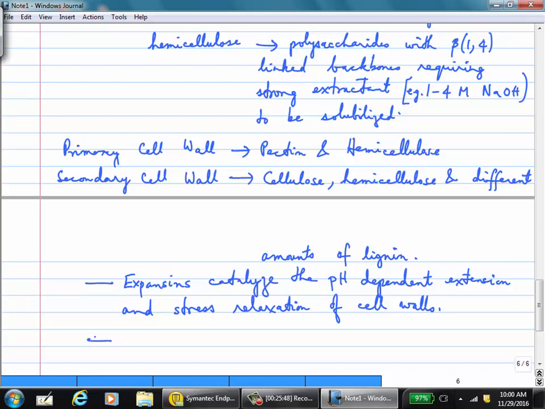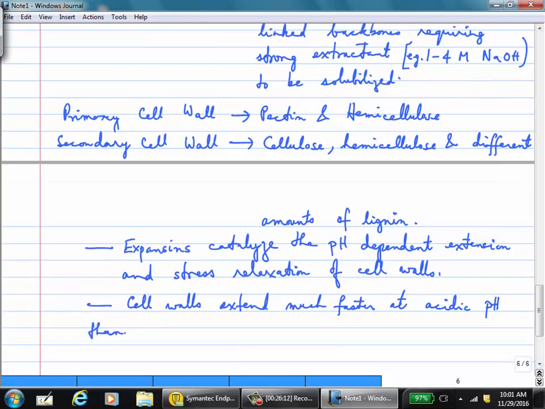And that's how the cell wall can grow, if needed. And cell walls extend much faster at acidic pH than at neutral pH. So you can well guess that if the cell wall needs to expand, the cell will find a mechanism to pump protons into the apoplastic space. That will lower the pH, then it will become expansible.